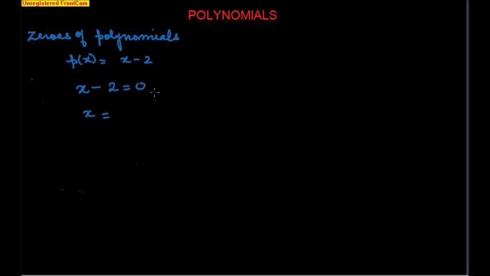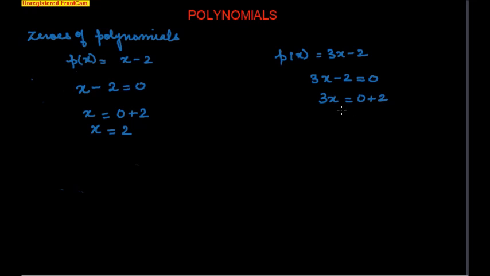Whenever I take a number to the other side of the equal sign, the sign changes. That is 0 plus 2, so we get x equal to 2. And hence we got the zero of this polynomial. Now the other polynomial that I took was 3x minus 2. I again equate it to 0. Now I keep 3x on one side and 0 plus 2 on the other side. So 3x becomes equal to 2, and x becomes 2 by 3. So these are the zeros of the given polynomials.